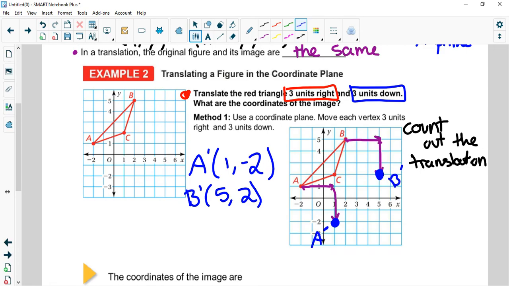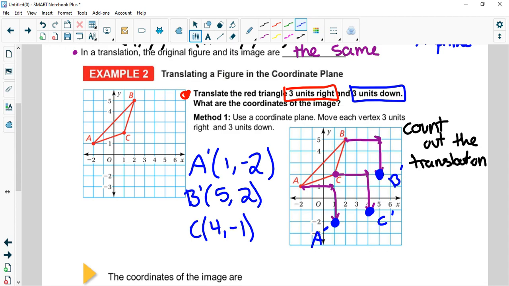We almost have our triangle, but we have to move all 3 points. So picking up C, it's 1, 2, 3 to the right, and 1, 2, 3 down. And I put C prime in its location. C prime is at (4, -1).